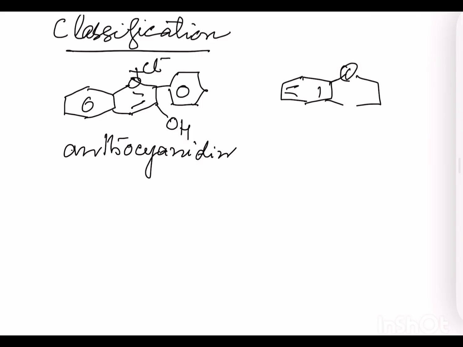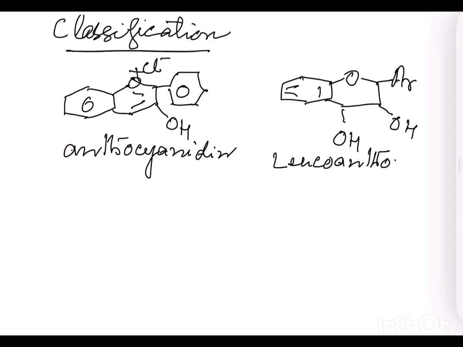This one, and here is your benzene ring, and this is hydroxyl group, and this is your OH again. It is called as glycoanthocyanidin. This is the one of the class of the flavonoid.